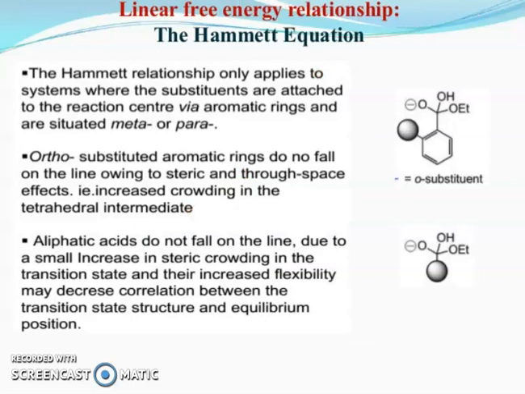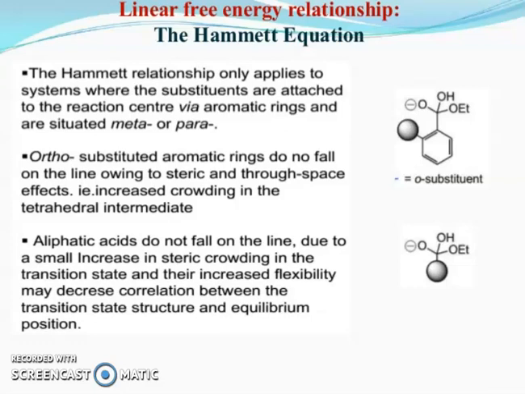So linear free energy relationship, the Hammett equation. The Hammett relationship only applies to systems where the substituents are attached to the reaction center via an aromatic ring and in the meta or para positions.